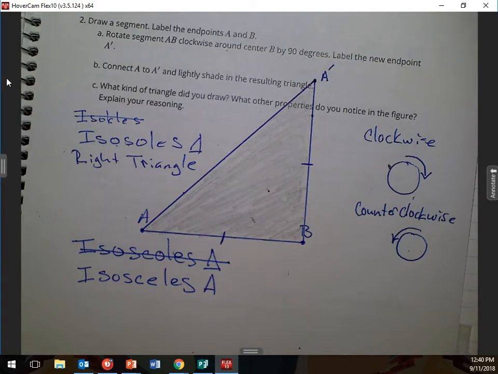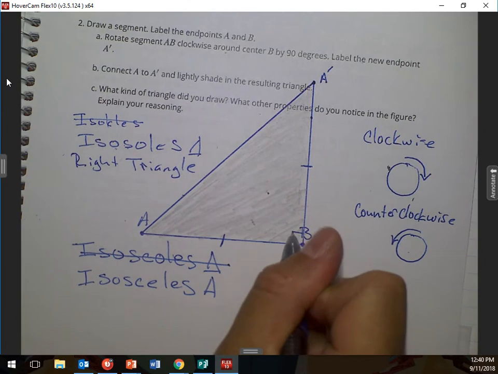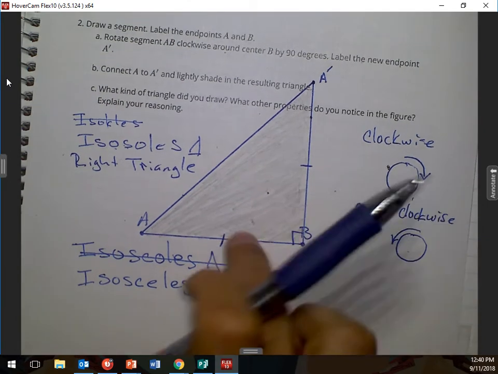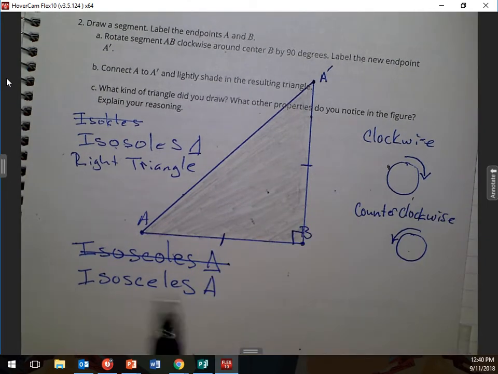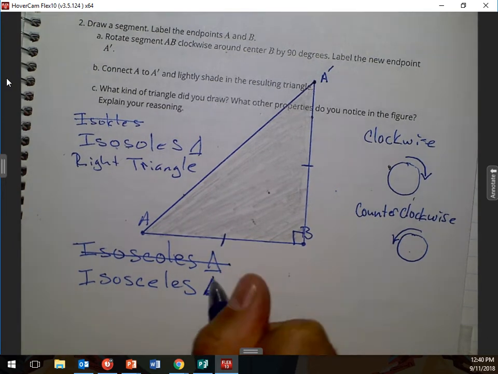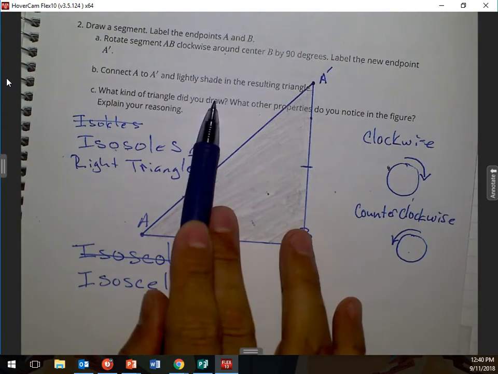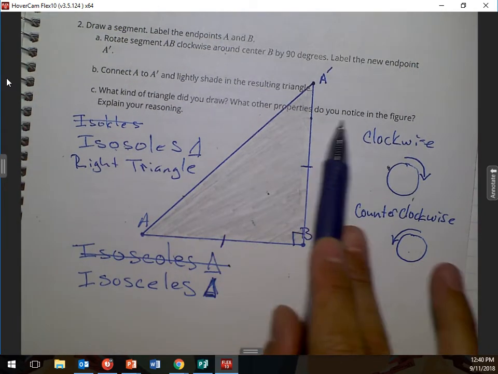Okay, so now that we label this as a right triangle, because it has one right angle, and we know it has two congruent sides, so that makes it an isosceles triangle. Triangle symbol is a symbol for triangle. What other properties do you notice in the figure?